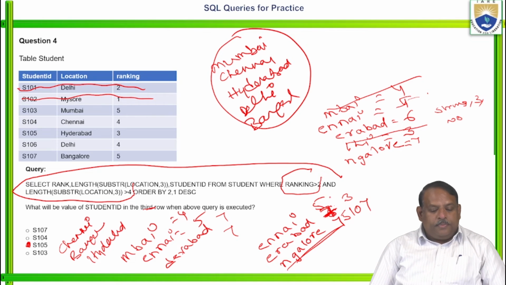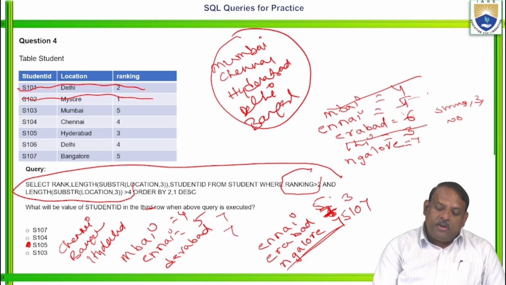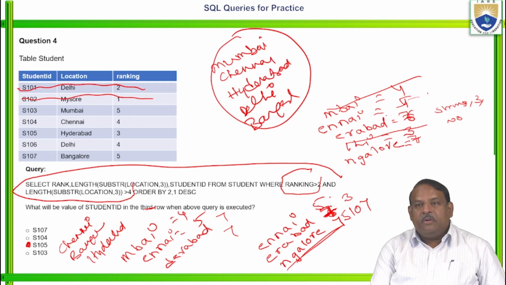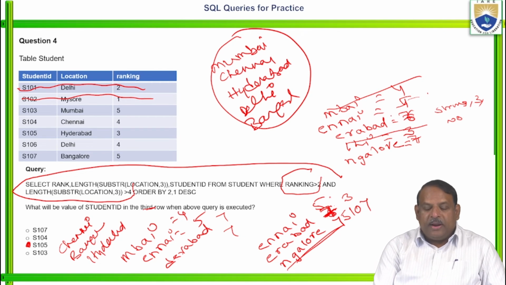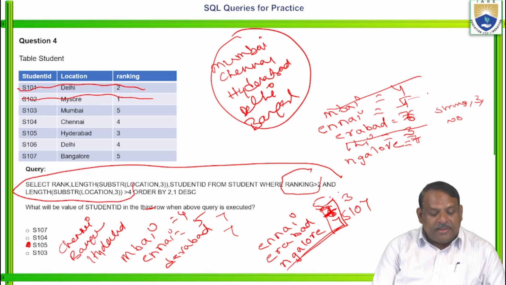Earlier we thought Hyderabad was only 6, but it is 7. That's why we got a problem here. We got two cities having the same 7. Now we have to apply the secondary sort, by rank descending.